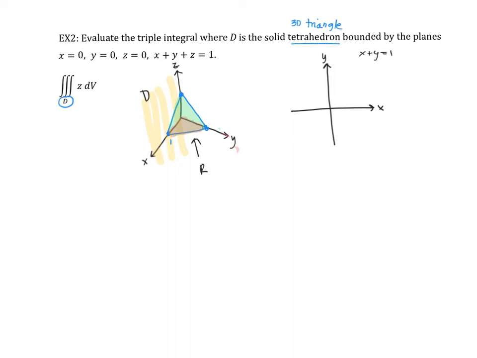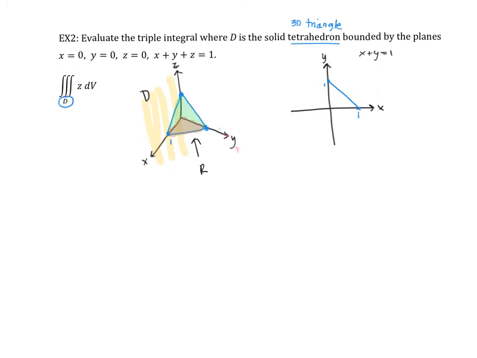So I have this line that crosses over the x and the y axis. Now, since I know that my region is bounded by x equal to 0, y equal to 0, I know that I'm just dealing with this segment here, this triangular region.